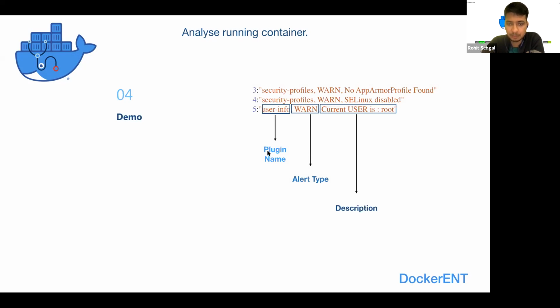The first part says the plugin name, for example user info, and then the alert type, for example warning. There could be information or low level severity issues identified, and at the end of the day, it will give a description. At the end of the field, it will have a description saying, oh yes, there is a user, and the user is running as root. So that's how the audit looks.